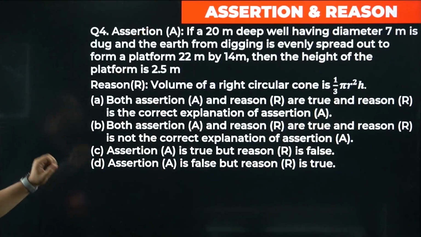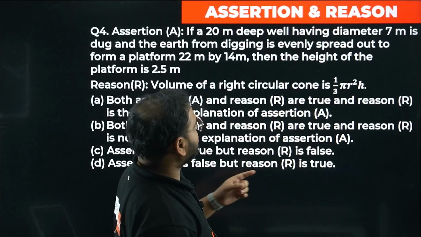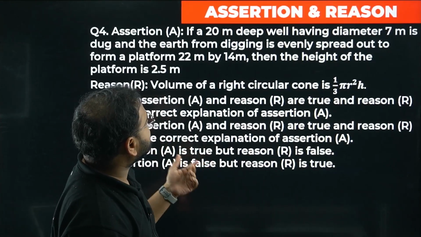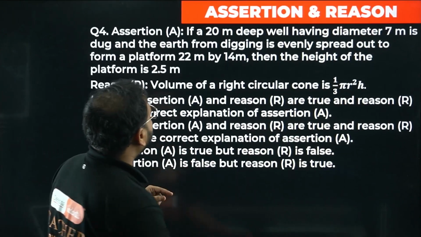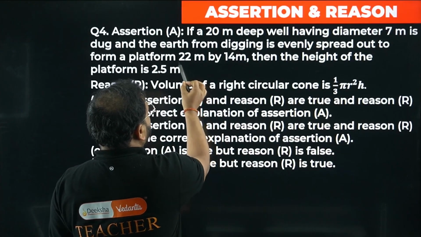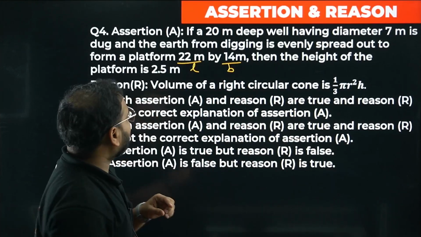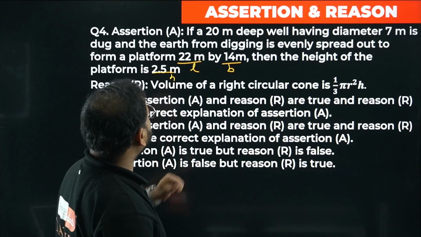Moving on to question number 4. If a 20-meter deep well having diameter 7 meter is dug and the earth from the digging is evenly spread out to form a platform. What is a platform, sir? Cuboidal. Please check here: length, breadth, and height. So the well is like this.